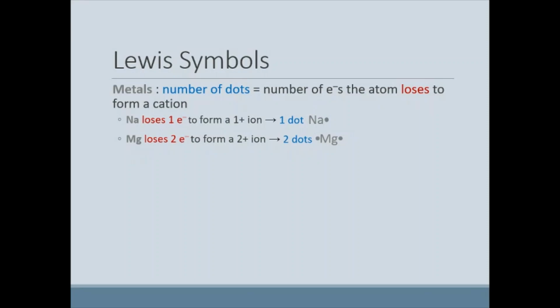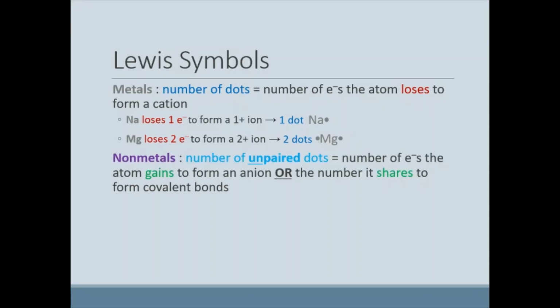Non-metals, on the other hand, the things on the other side of the periodic table, in groups 3, 4, 5, 6, and 7, are going to have a different number of dots than the metals. One way of looking at this for your non-metals, in general, you're going to draw the number of dots of the group number, or the valence electrons.